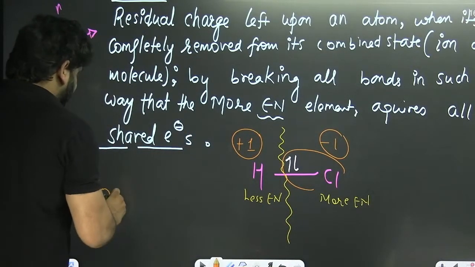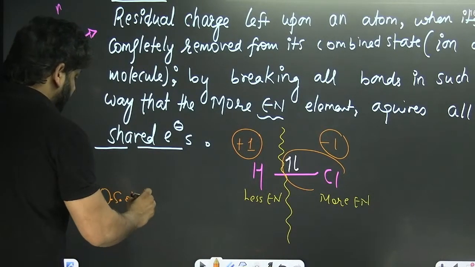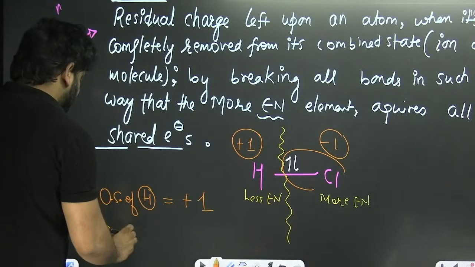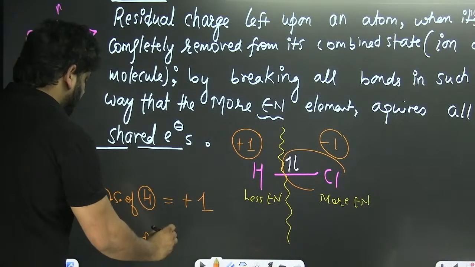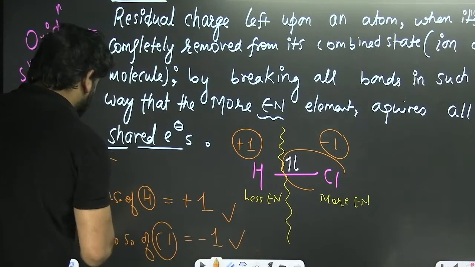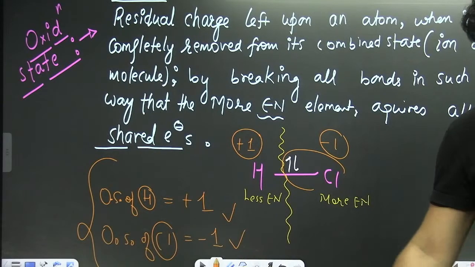So you can simply write that the oxidation state of hydrogen is positive 1, and the oxidation state of chlorine is negative 1. Is it understood to everybody? Is the very basic example I told you understood?